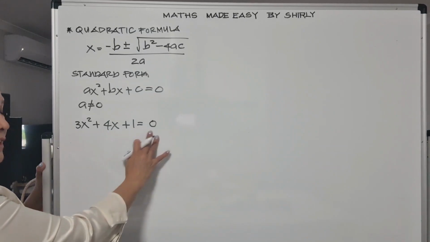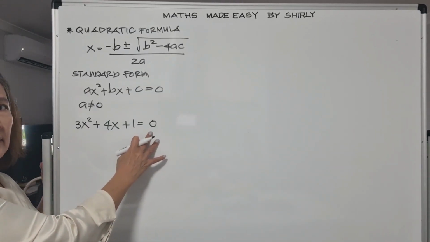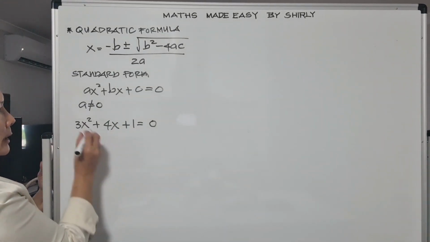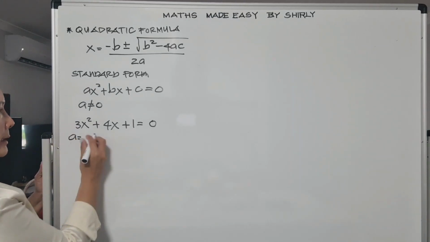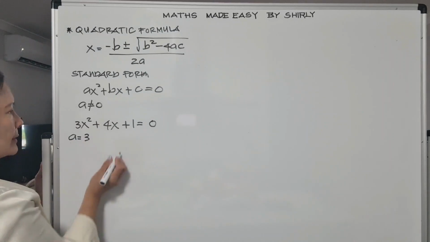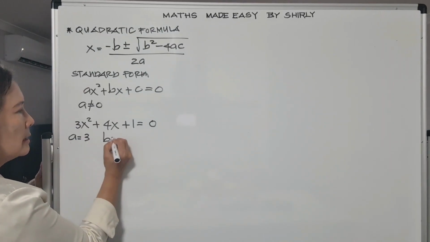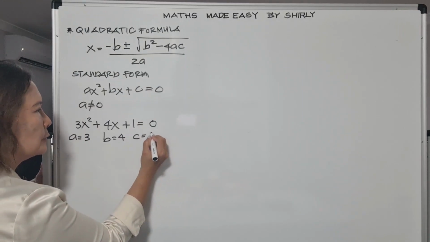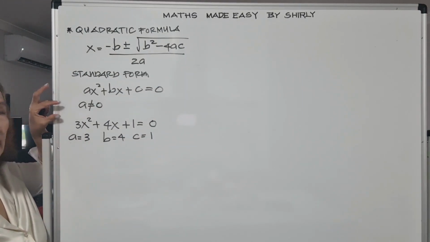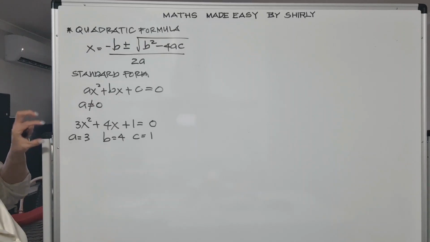So this given is in its standard form, where a is 3, b is equal to 4, c is equal to 1.